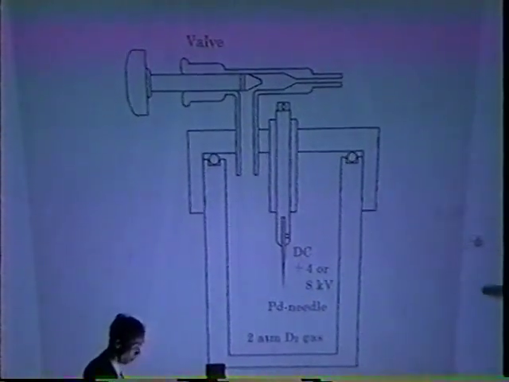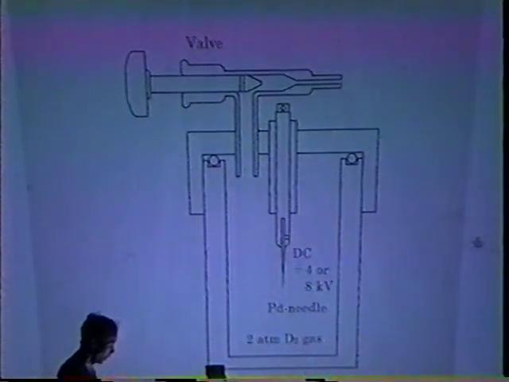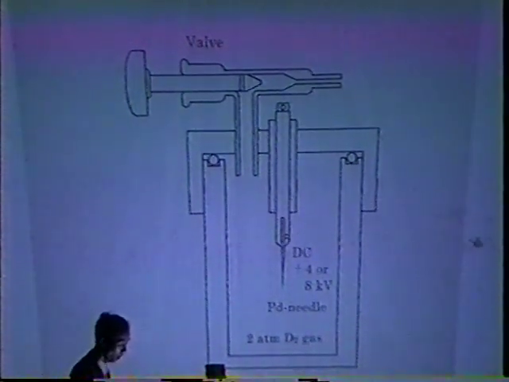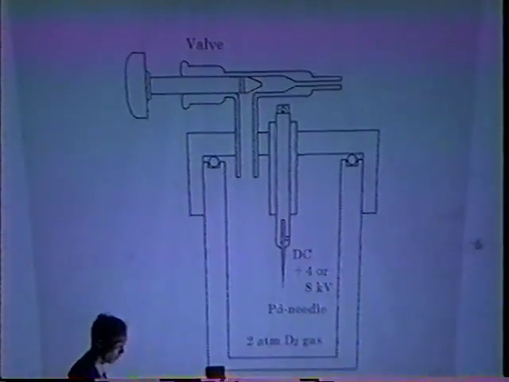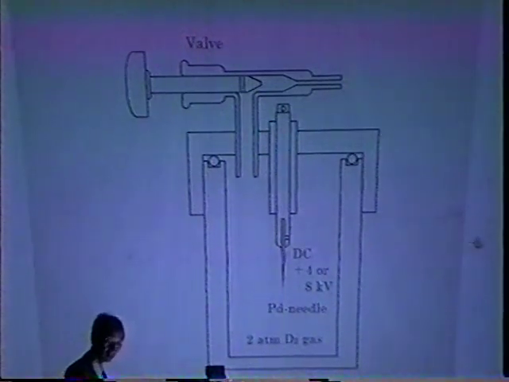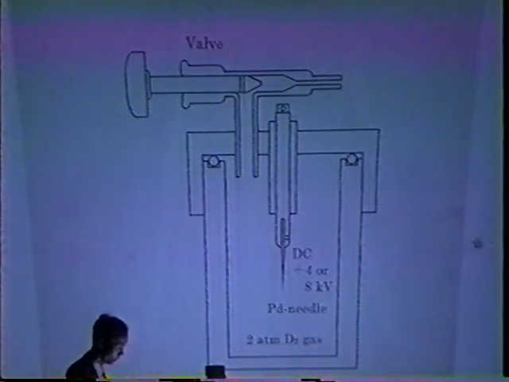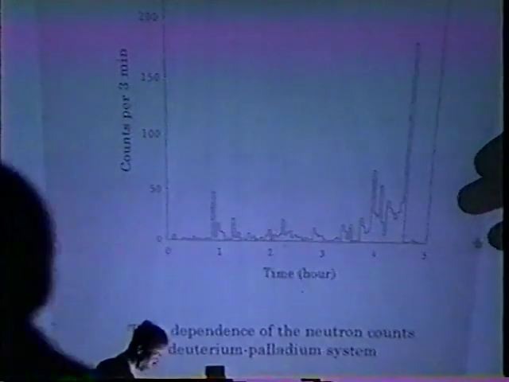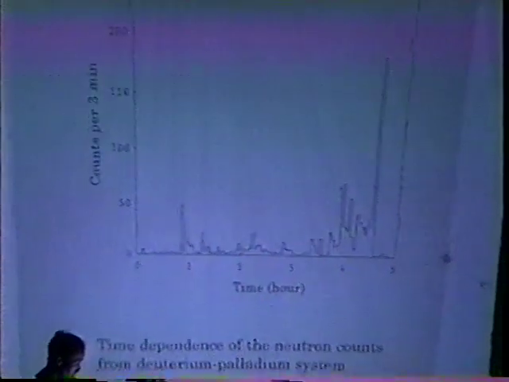DC voltage of positive 6 or 8 kV is applied to the palladium point electrode during the excess neutron counting time of 24 or 25 up to 65 hours. And neutron burst occurred in 2 out of 37 rounds.